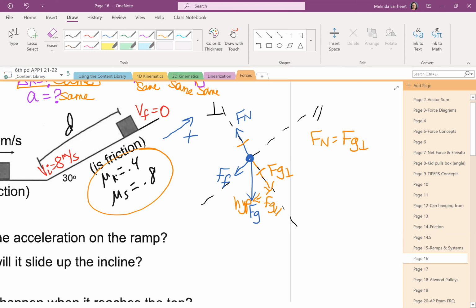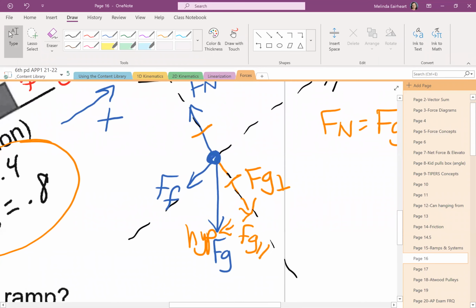Where's our angle? Is it at the top or bottom of that triangle? Hopefully you know that this one's 90. Where is our ramp angle? It's at the top. And if you forget where it goes, old axis, Fg.